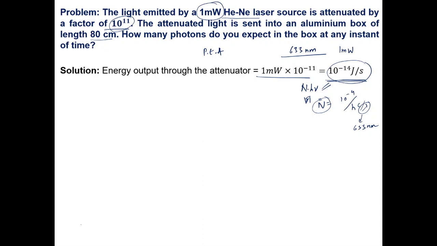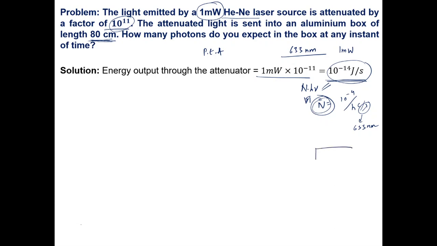Now this is per unit second. Now we have a system where the photon has to travel a length which is 80 centimeters. So we'll try to find how much time a photon will take to travel this much length, which means that the number of photons present inside this box would be n, which is the number of photons per unit second, times the time the photon stays.